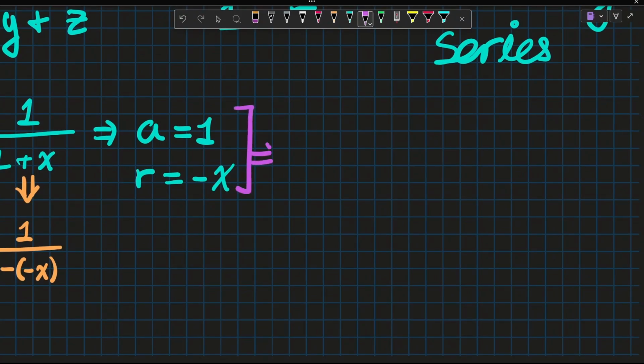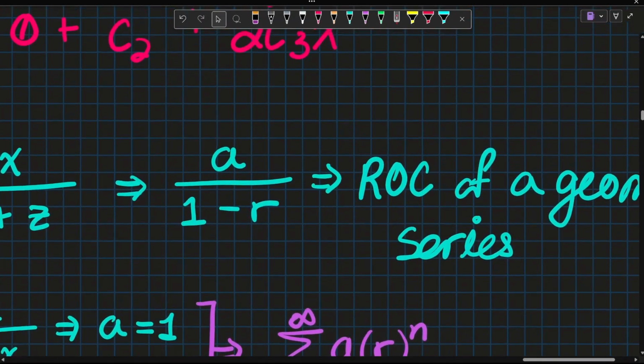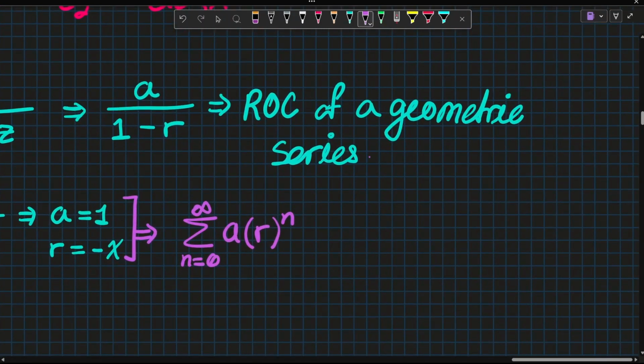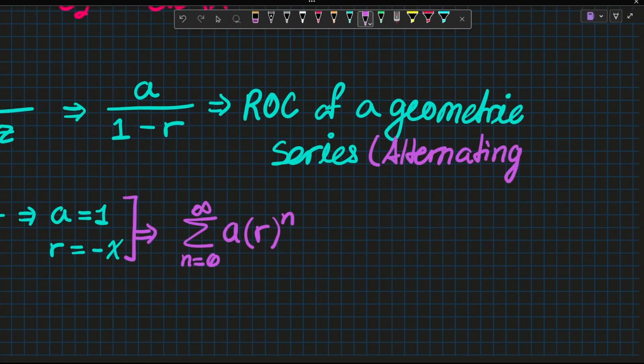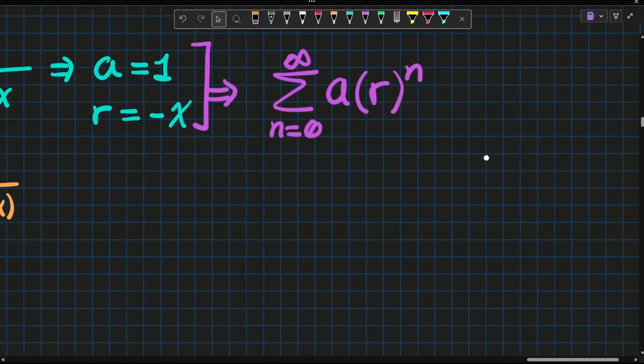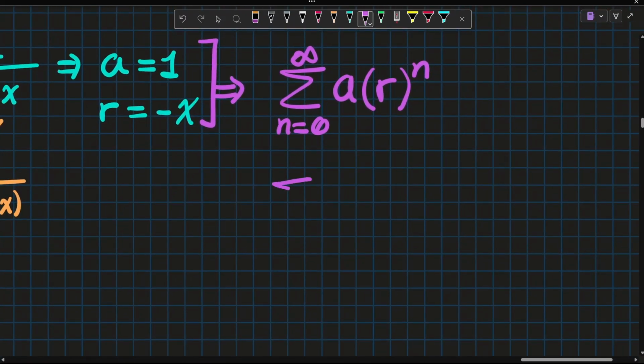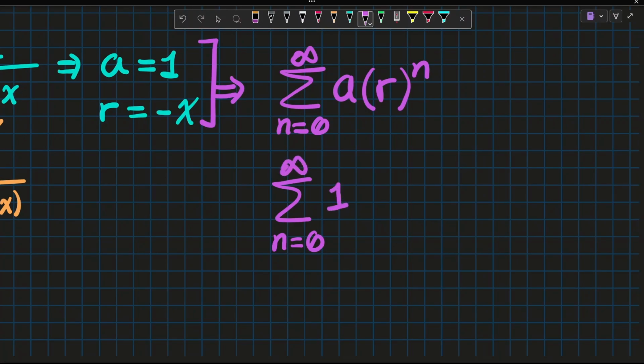A geometric series is always in the form sum from n equals 0 to infinity of a times r to the n, right? And it could also be alternating, so we'll put that in brackets. So here, since we have that, we can say that this is the series, and it starts at 0, goes to infinity, of 1 times negative x to the n.